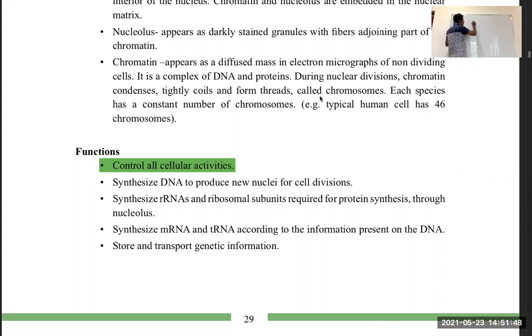The outer membrane is smooth, and the inner membrane is rough or convoluted. You can draw it like this, a three-dimensional structure.